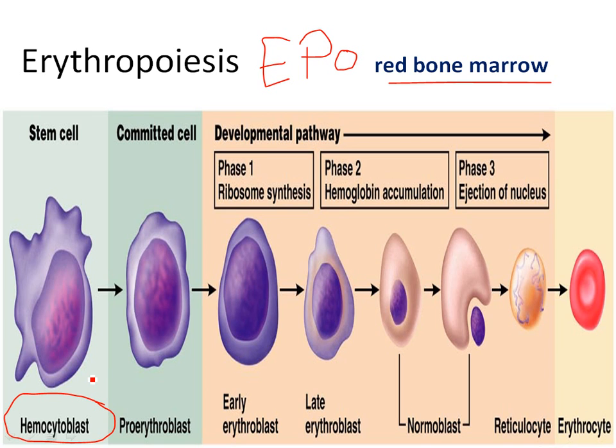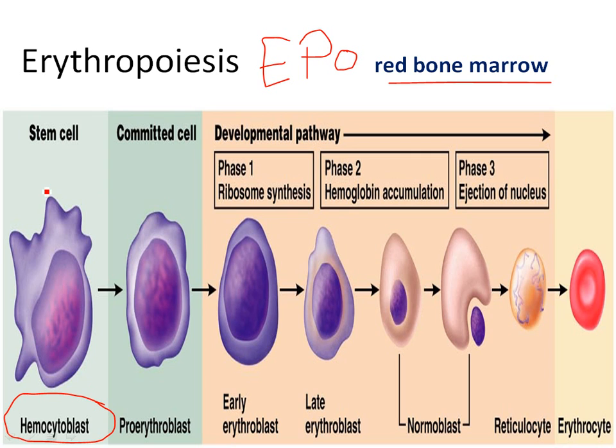Now, how does the hemocytoblast know what to do? How does it know that it needs to become an erythrocyte or one of the leukocytes or a platelet? It's the hormone signal that you give to the hemocytoblast that will determine what it becomes. So in this instance, it's becoming an erythrocyte because we put erythropoietin on it.